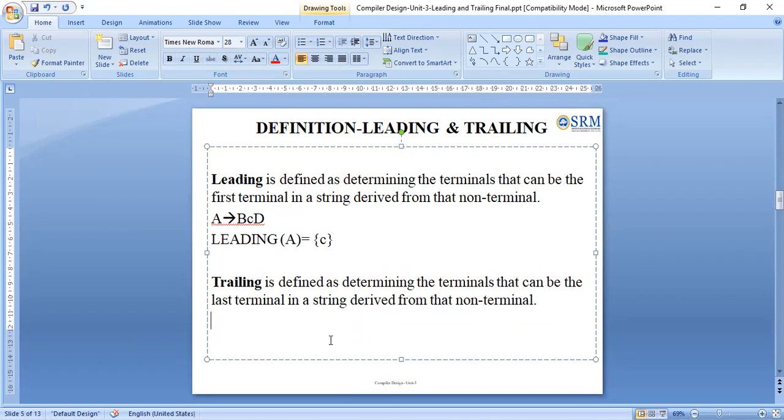When you take up trailing, we will take the same example in a somewhat different form.